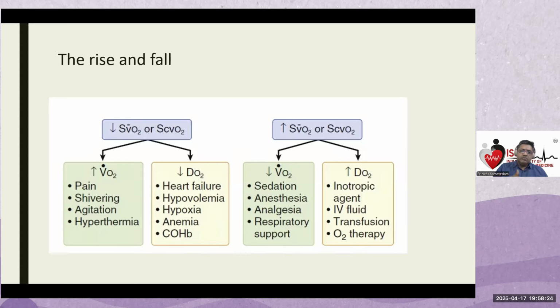SvO2 and ScvO2 fall when there is an increased consumption or a decreased delivery. An increased consumption happens because of pain, shivering, agitation, and hyperthermia. A decreased delivery happens in hypovolemia, hypoxia, anemia, abnormal hemoglobin, and in heart failure. An increase in SvO2 happens when there is a decreased consumption, as happens in sedation and respiratory support, or an increased delivery like using an inotropic agent.